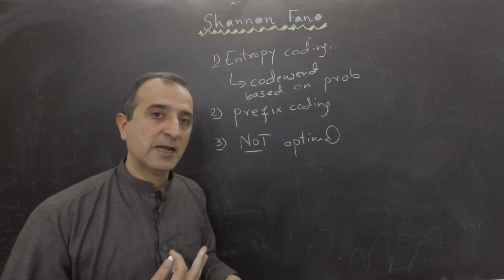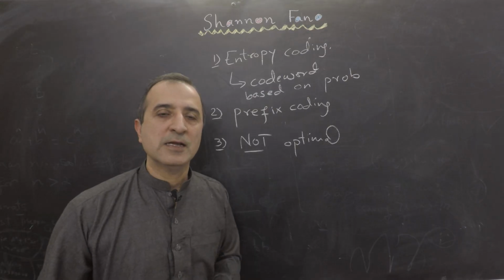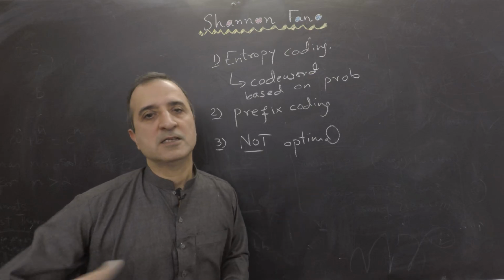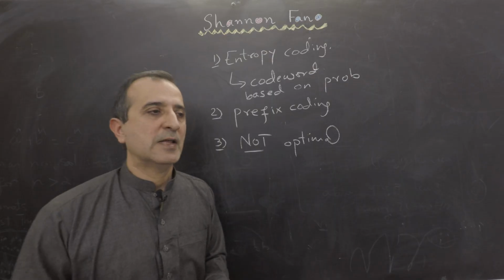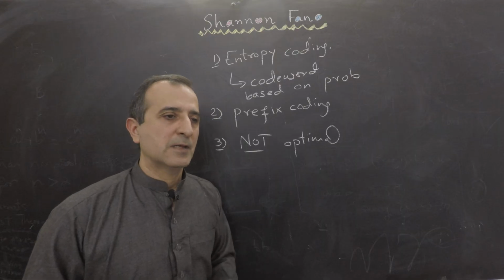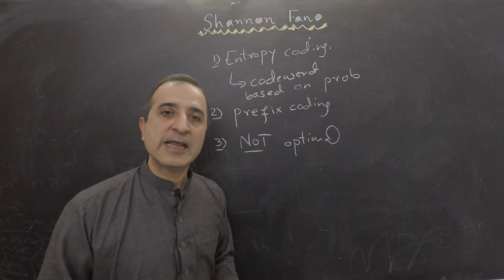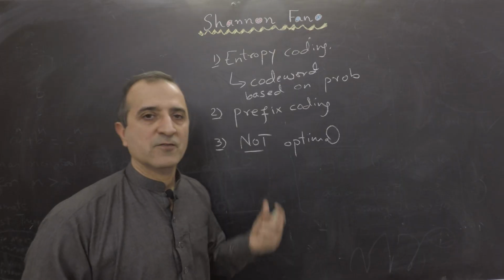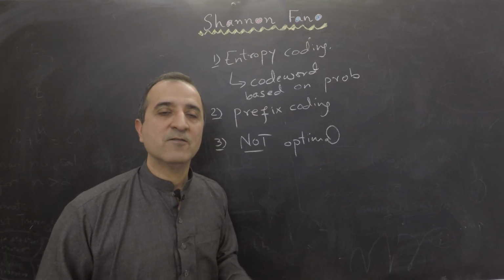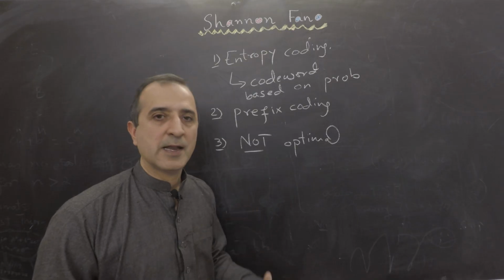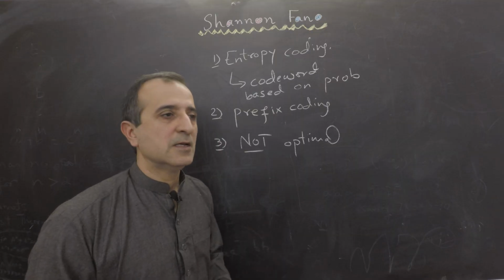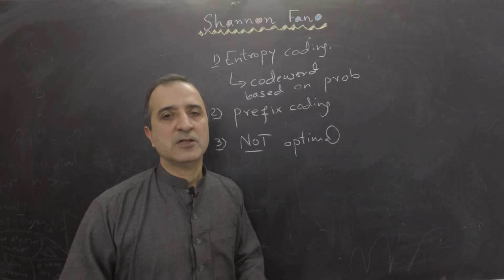The reason I think it is important to study Shannon-Fano coding is that many other schemes were developed based upon its ideas. For example, arithmetic coding used the idea of Shannon-Fano coding. Similarly, ANS coding and range coding use the idea of Shannon-Fano coding. Although Shannon-Fano coding is not optimal, it is still worth learning the idea behind it. So let's do a small example so that everything is crystal clear.